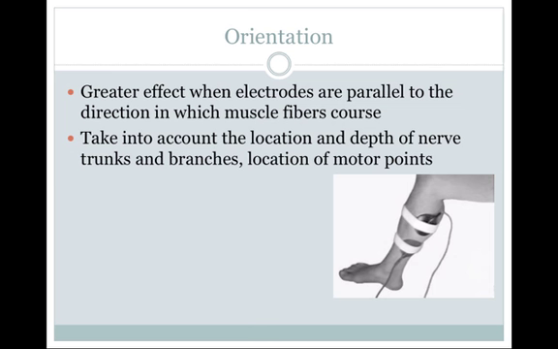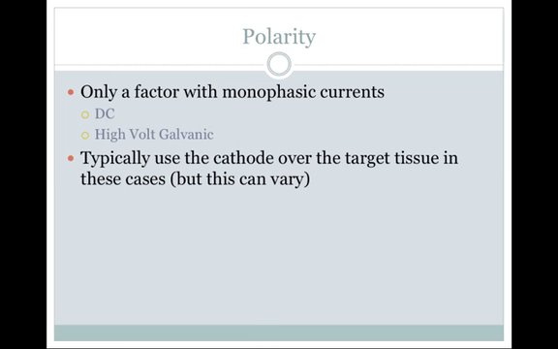So if you can get these pads closer to a large major trunk of the nerve or to the motor point, you're going to be better off. And then try and align the pads somewhat along the fibers. Don't try and place them side by side, horizontally. Place them vertically, like we're seeing here over the gastroc for this picture right here.